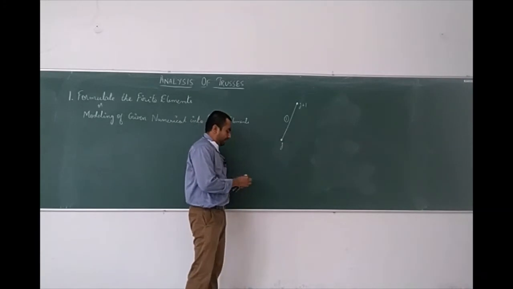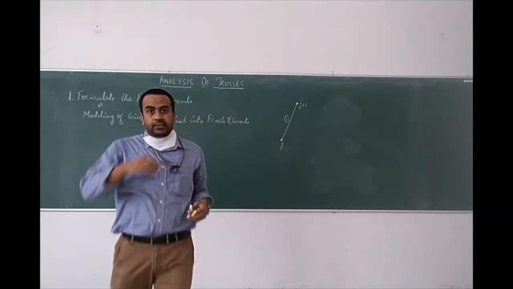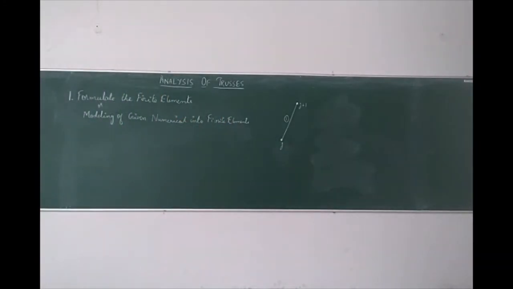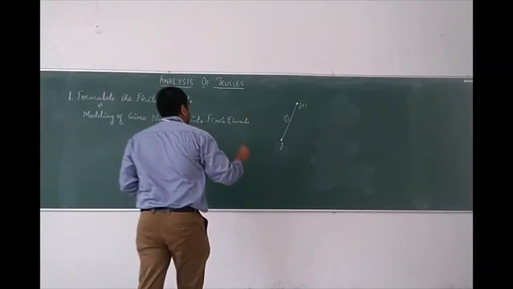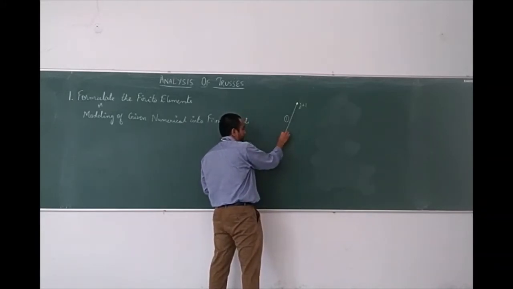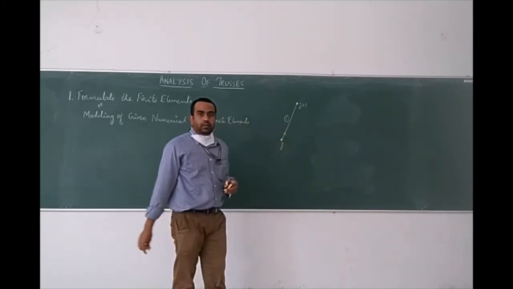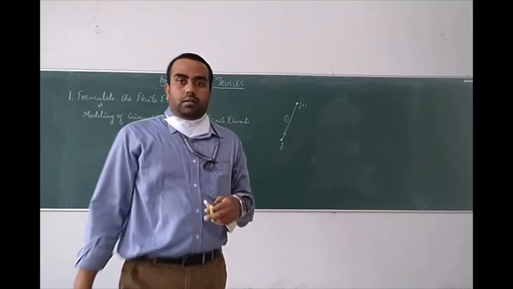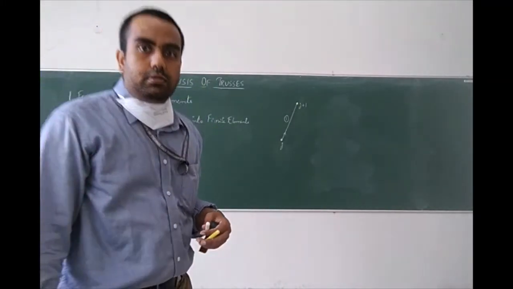Now, as I told you, we assume that all load acts only on the joints of the trusses. So the load will act only on the nodes that are present. Suppose there is an axial load acting at this node.